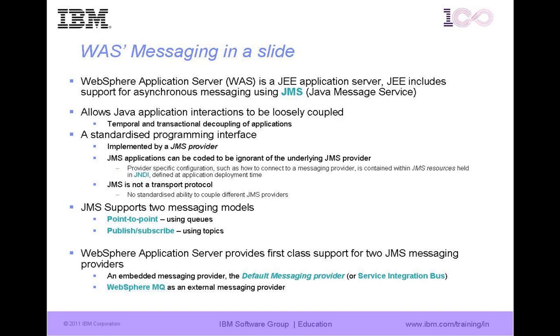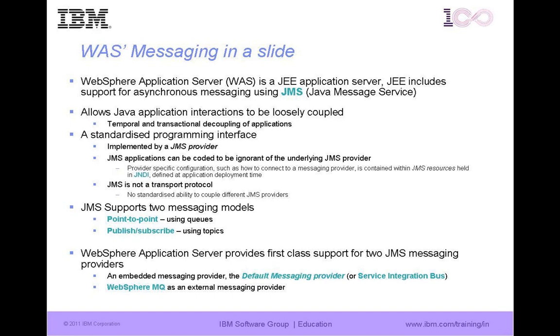Moreover, it provides you with a standardized programming interface, so that all vendors can implement the same thing, and applications running across vendors can send and receive using this particular JMS standard. One thing we need to remember is JMS is not a transport protocol, so we do not bind anything specifically on the JMS standards. It's only from an application layer perspective.